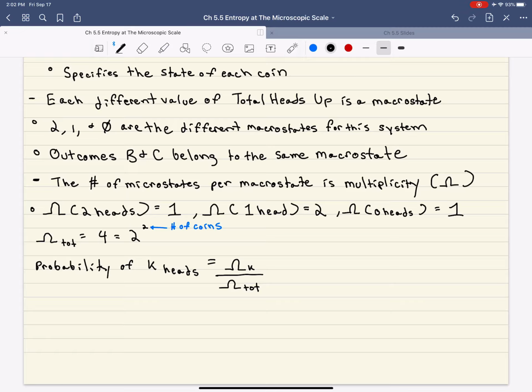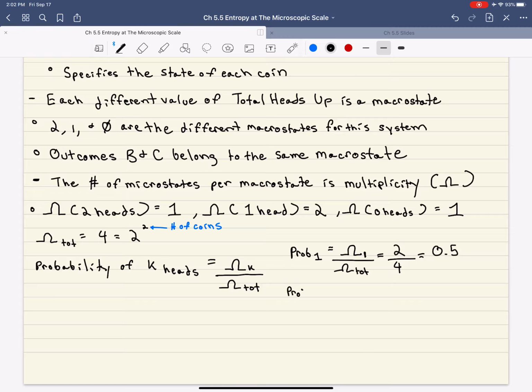Okay? And so, the probability that we only have one head face up would be omega of one head being face up over omega total, right? And so this was 2, and omega total was 4. And so the probability that we would observe one head facing up would be 0.5 or 50%.